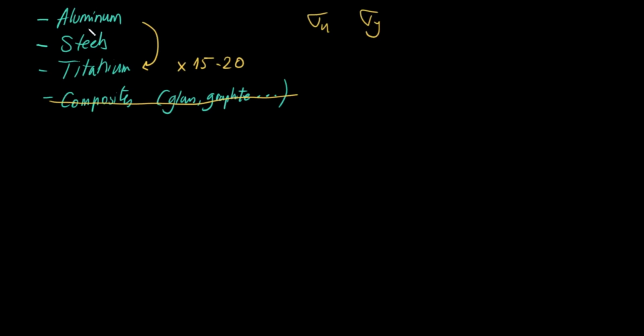So let's make a quick distinction of these three. This is very general. I just put in aluminum alloys, which is super vague, and steel is even more vague. Even titanium has a lot of different alloys.